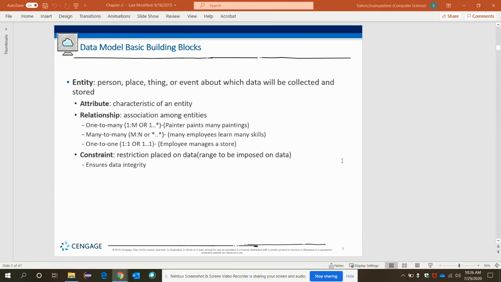Next, we are moving over to the basic building blocks that I mentioned in the first slide: entity, attribute, relationship, constraint, and connectivity. An entity is a person or anything which has a physical existence in this real world. An attribute is the feature or characteristic of that entity.